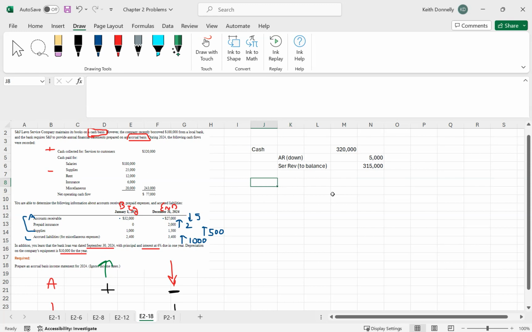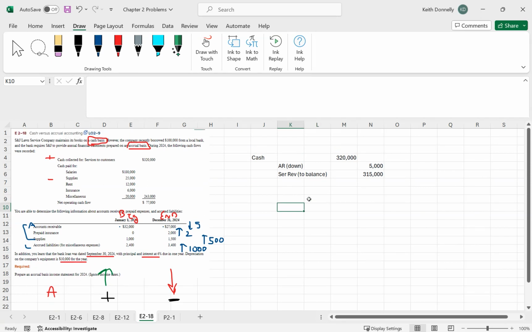Okay. Next one here, if we work our way down, they're telling us we had $25,000 cash paid for supplies, right? So in this case it was a cash outflow.